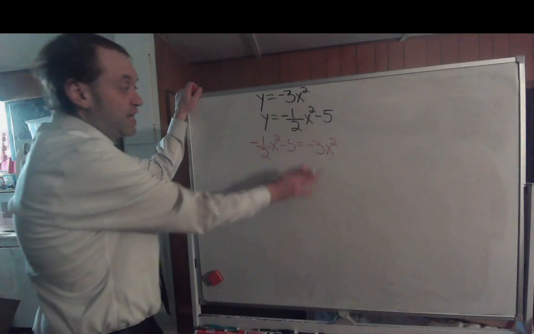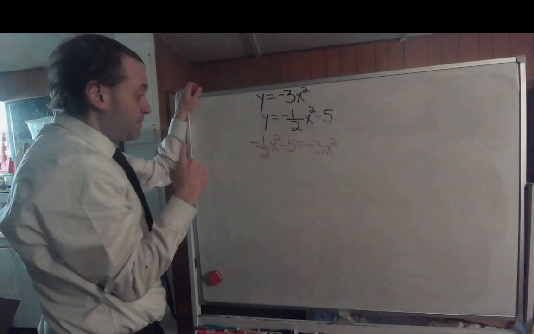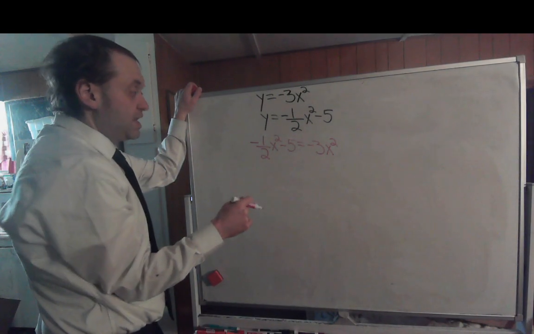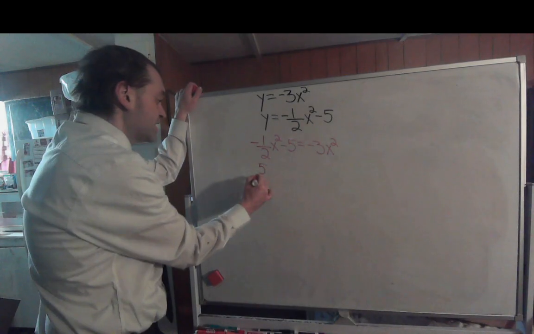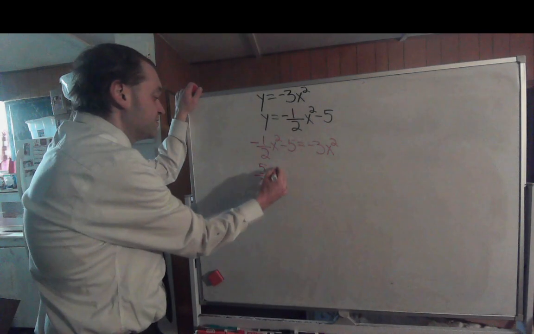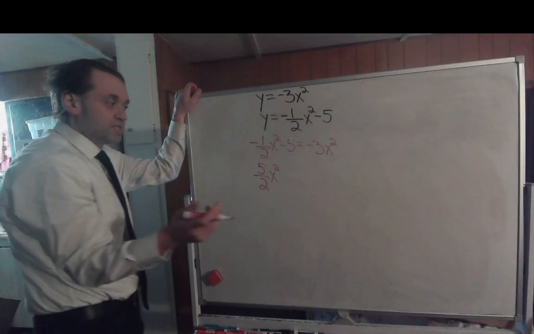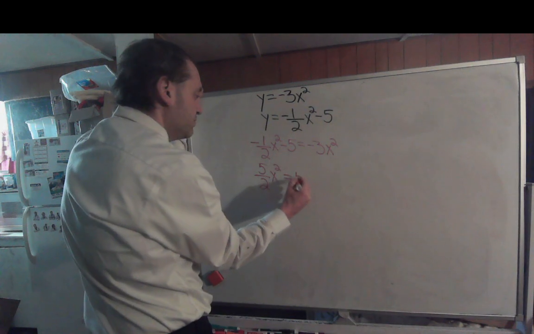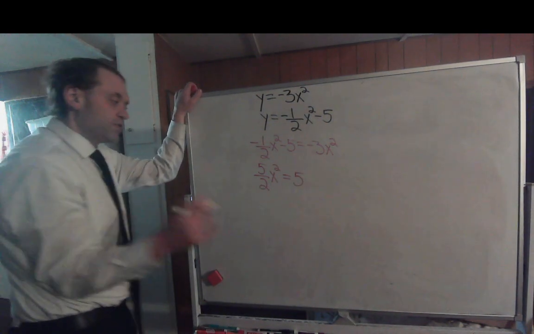Well, let's get the right hand side equal to 0. If I add 3x squared to both sides, that would end up giving me 5/2 x squared minus 5 on the left side would be equal to 0. So simply put, 5/2 x squared would equal 5. Solve for your x squared.